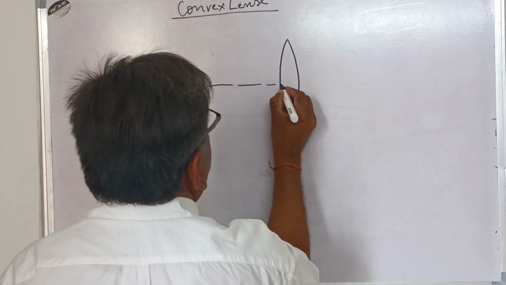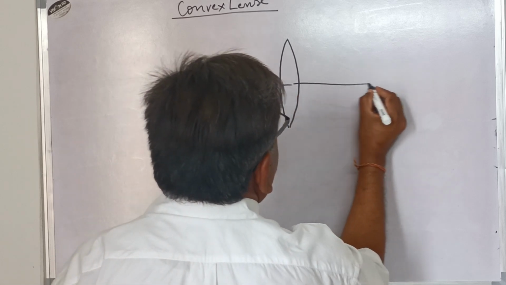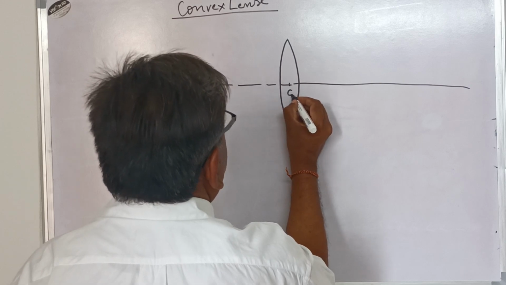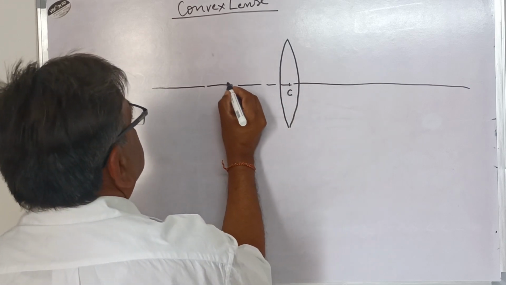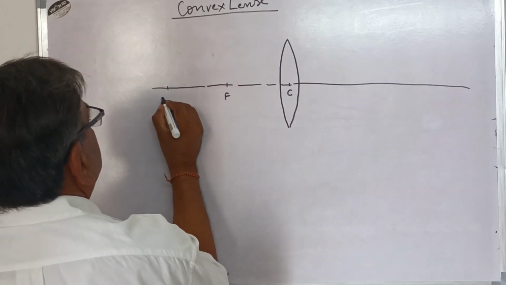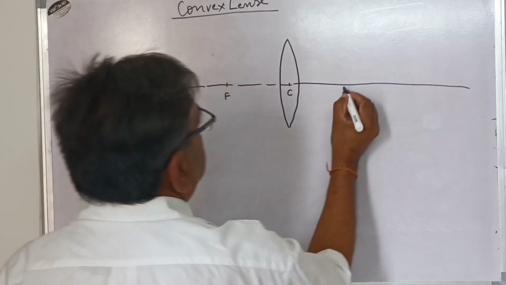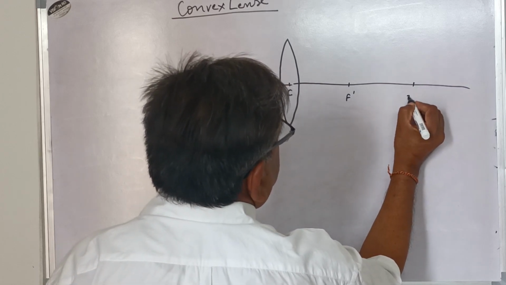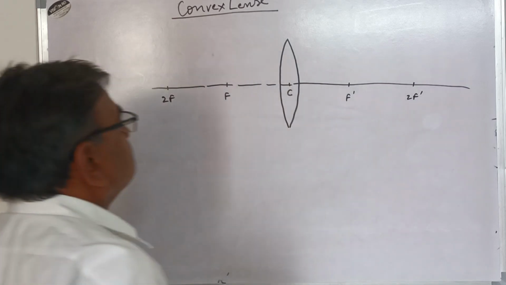This is the principal axis. This is the optical center of the lens. This be principal focus F. This is 2F. Similarly, this is F dash, this is 2F dash.